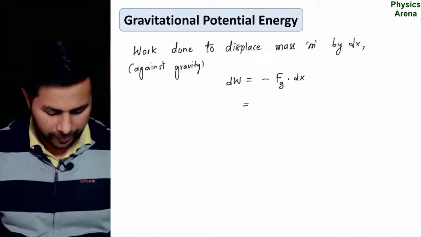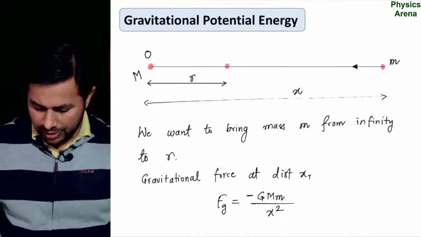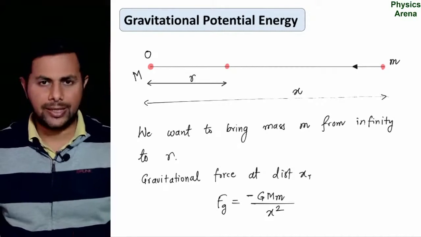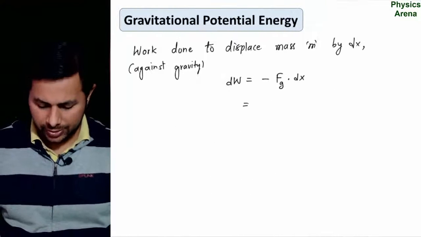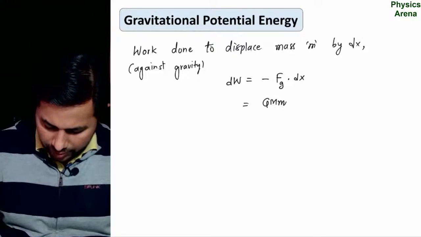Yeah. Okay. So the gravitational force is minus GMm over x squared. If we substitute that, we get GMm over x squared times dx.